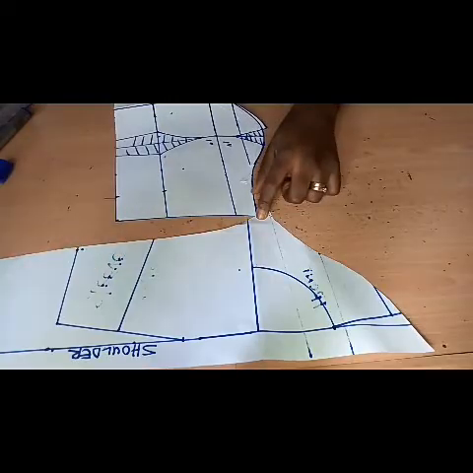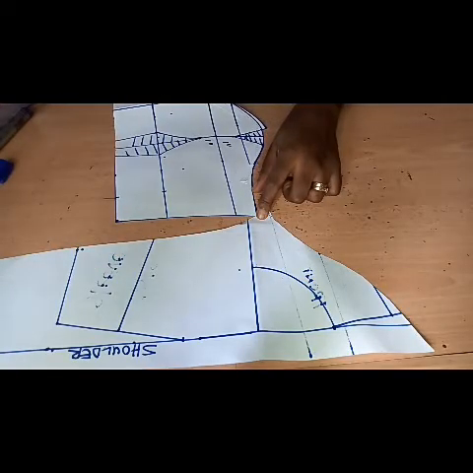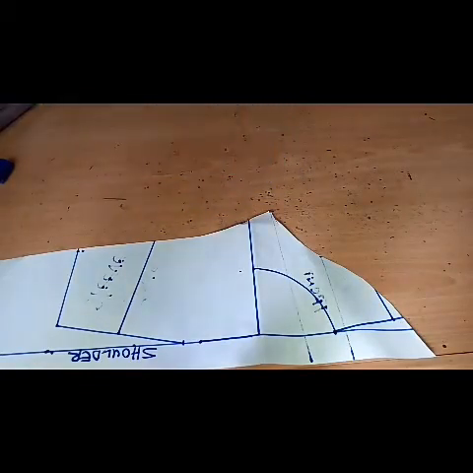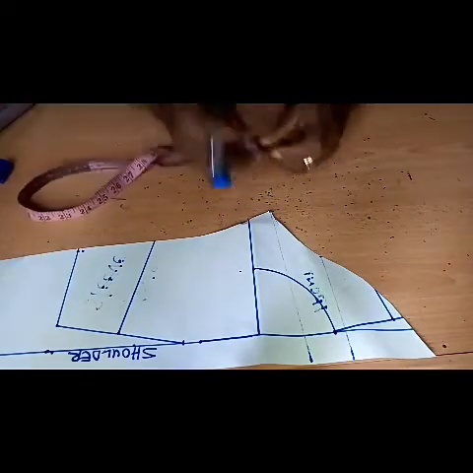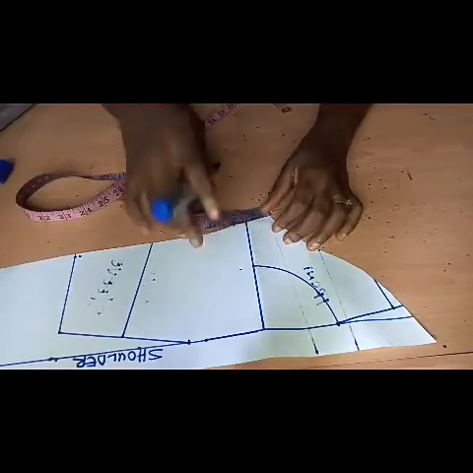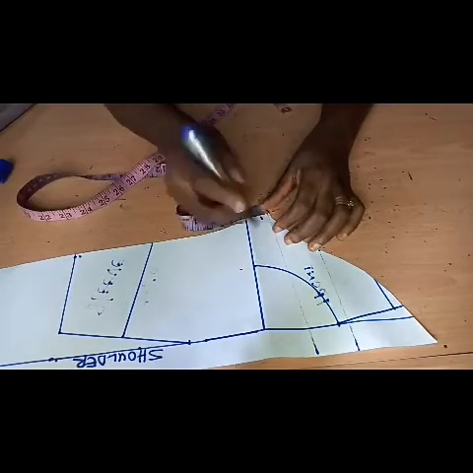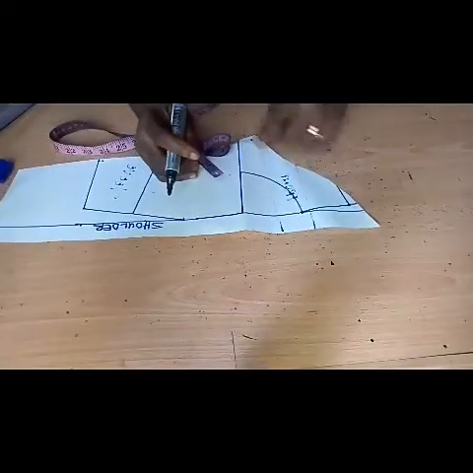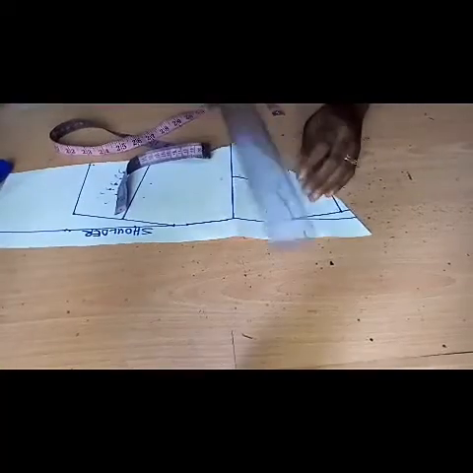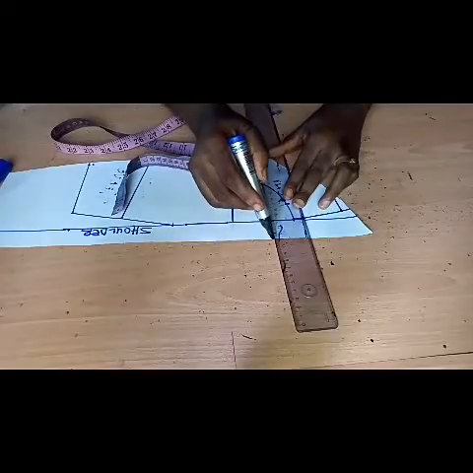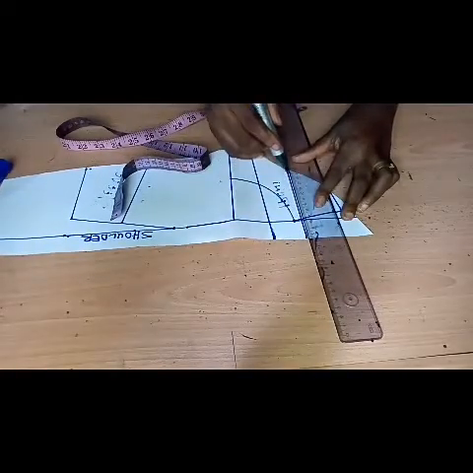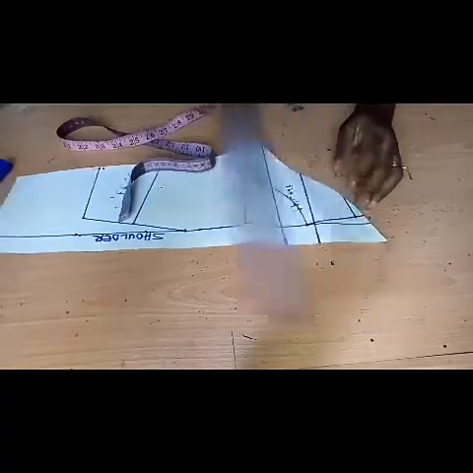So right now I'm going to cut off. What I'm going to do right now is to come down by 0.5, and I'm going to go up a little bit. Assuming this is the line, I take this as my cap sleeve line, and this is the half cap sleeve.